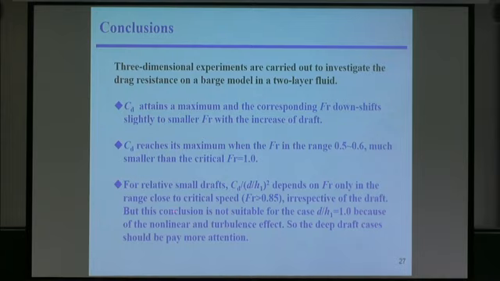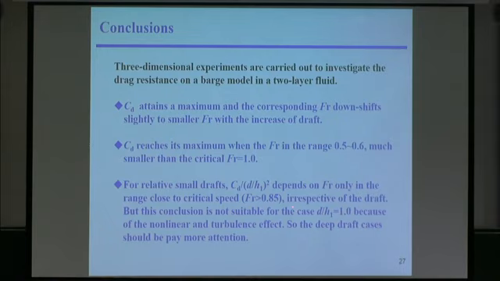The next one is that for relatively small draft, CD divided by the square of the non-dimensional draft depends on the Froude number only, in the range close to the critical area, and is irrespective of the draft.